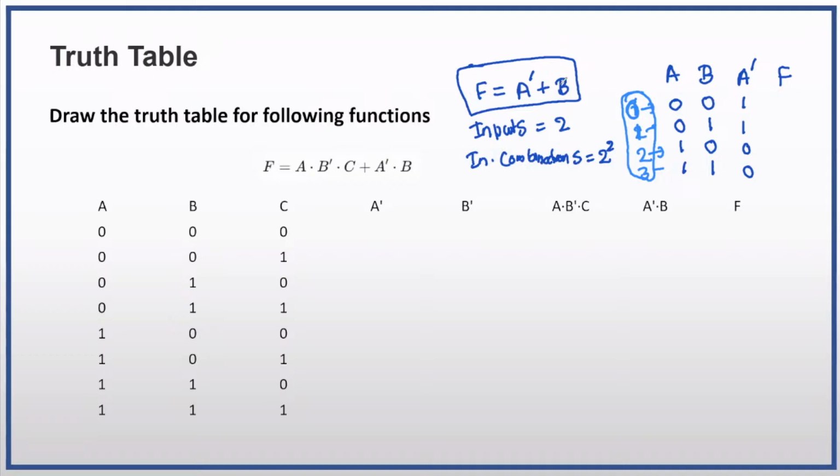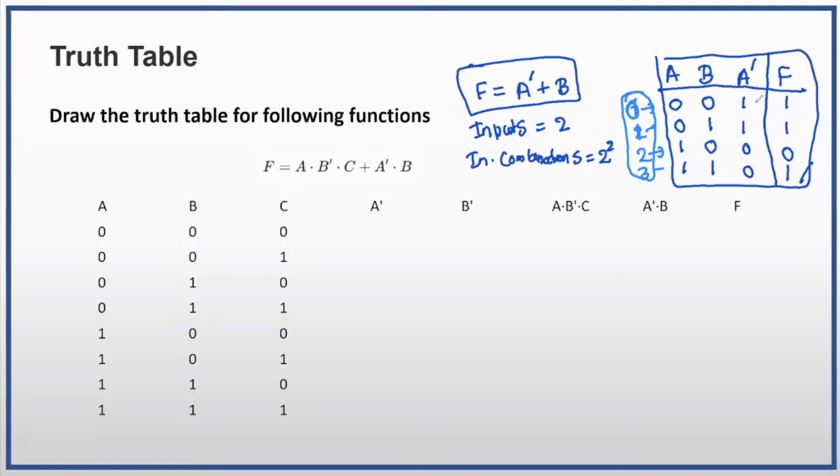So A dash plus B, adding these two: 0 plus 1 is 1, 1, 0, 1. So this is the truth table that you have to draw. Got it? So this is an example, and you can refer to it.